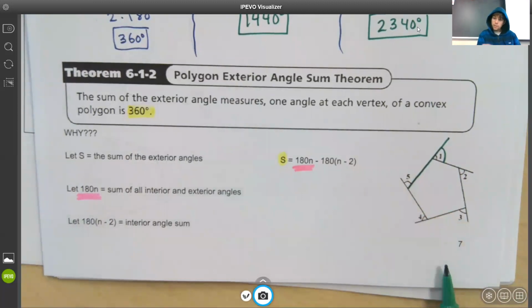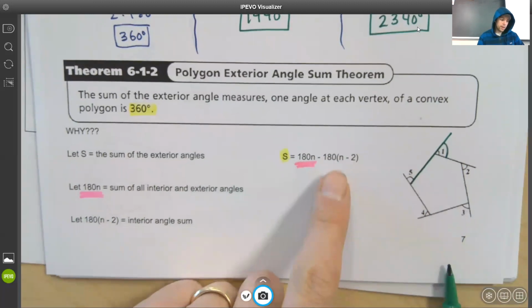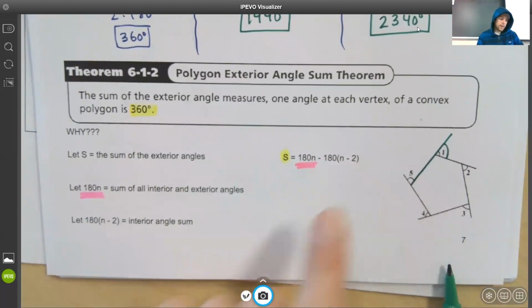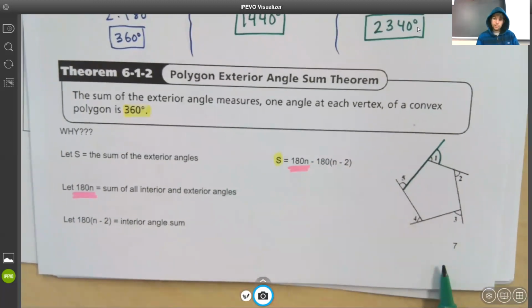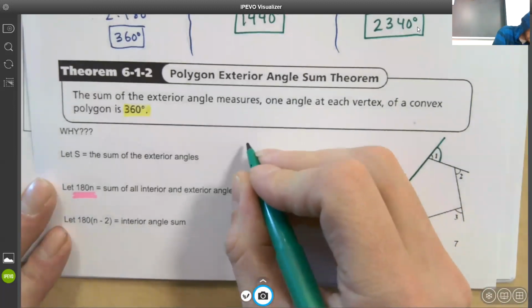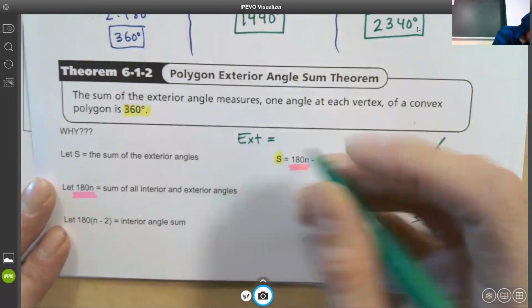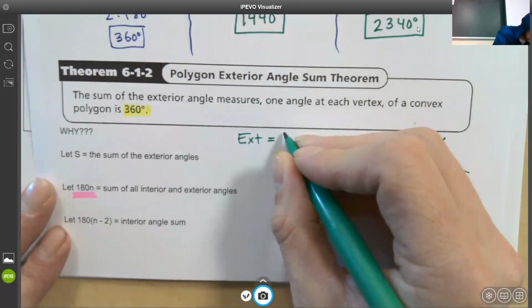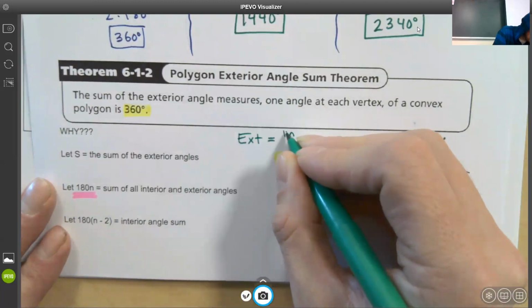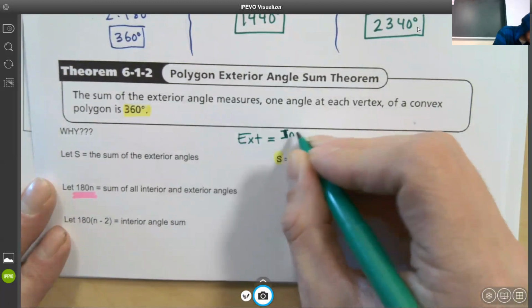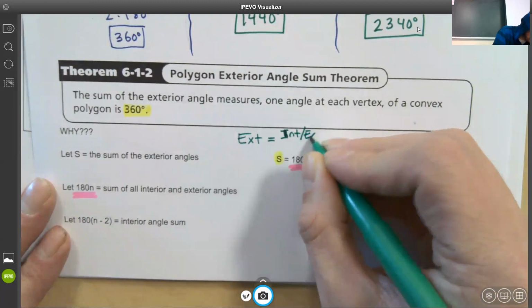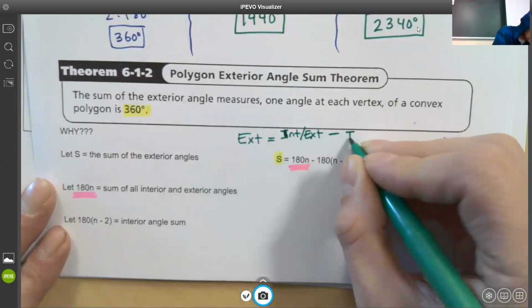And now what we're going to do is take away the interior angles, which we just saw, right? 180 times n minus 2, that is the interior angles. So this formula is basically saying the exterior angles equals the interior and exterior minus the interior, right?